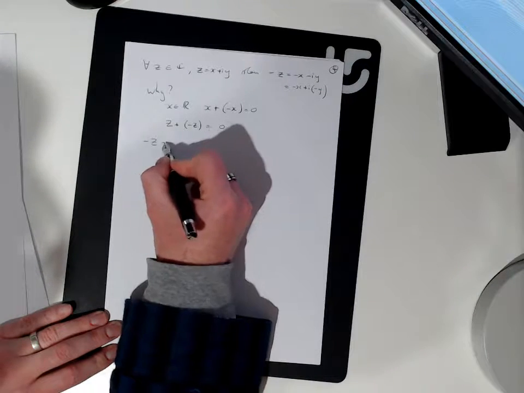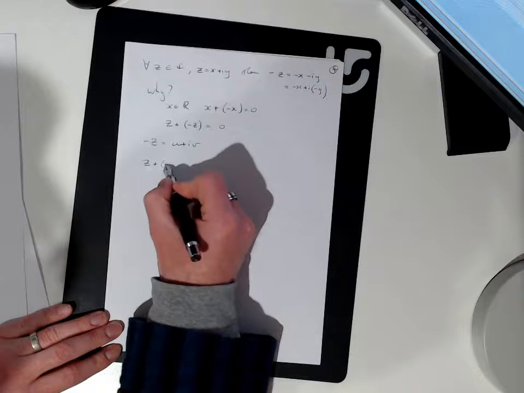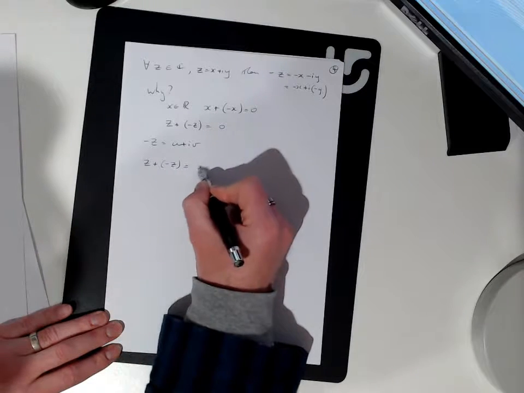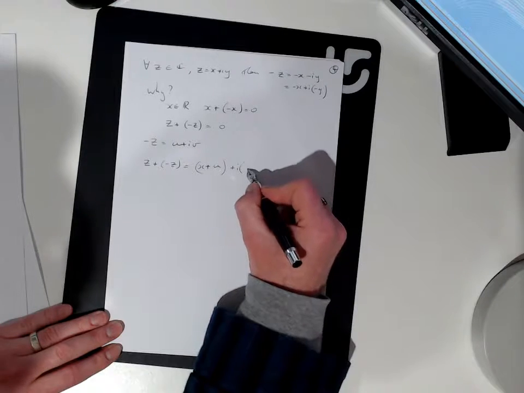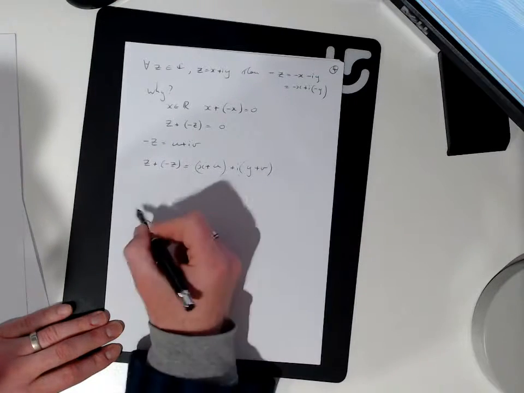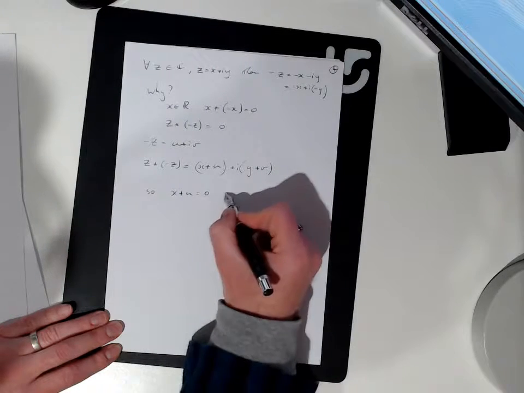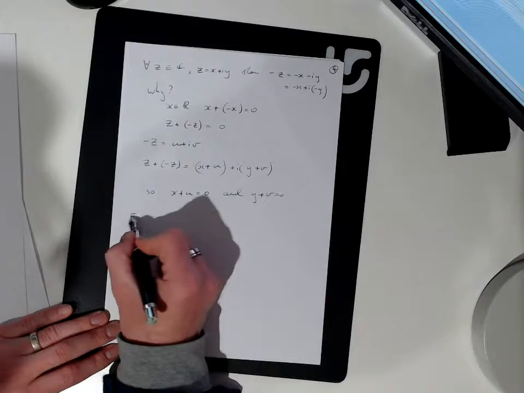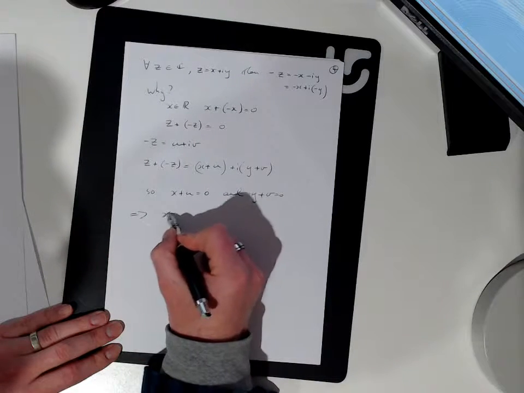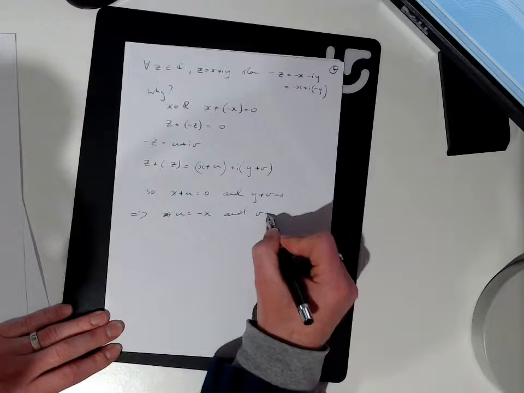Okay, so if minus z is equal to u plus iv, then z plus minus z is x plus u plus i(y plus v). So x plus u has to equal 0, and y plus v has to equal 0, and of course that implies that u equals minus x and v equals minus y.